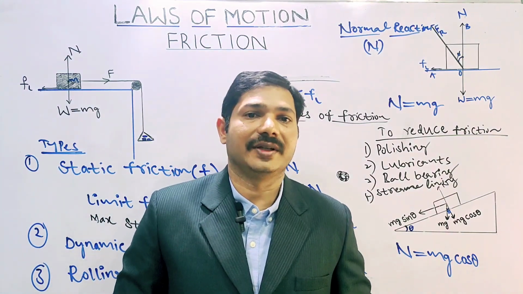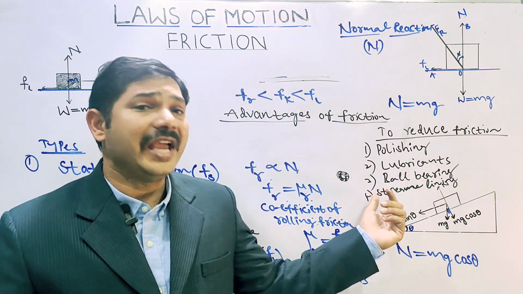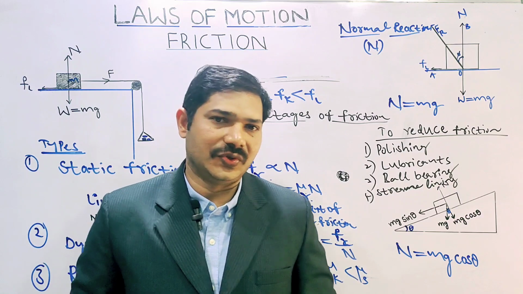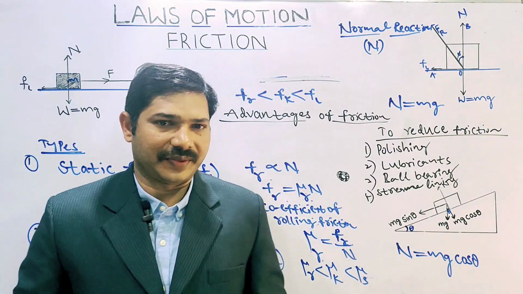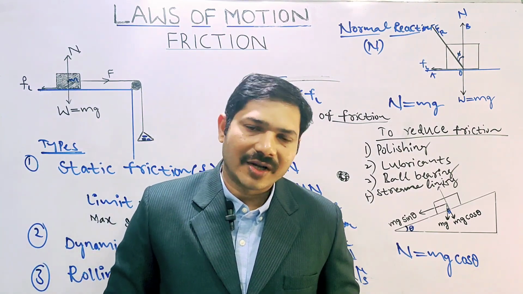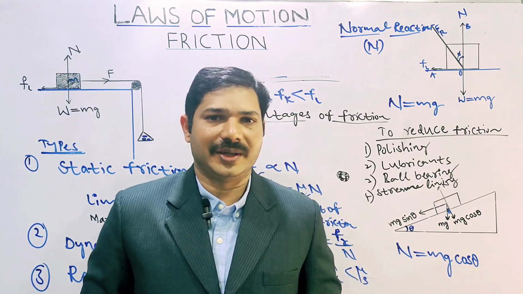To reduce air friction, streamlining is useful. So these are the four methods to reduce friction. First one is polishing, second lubricants, third ball bearings, and fourth streamlining.